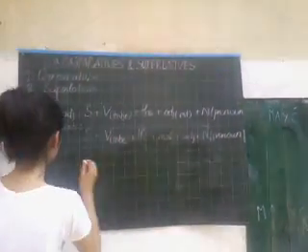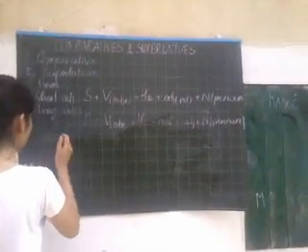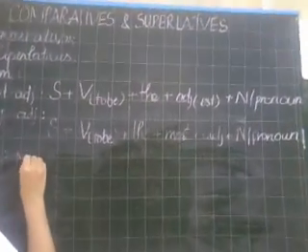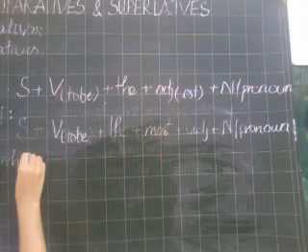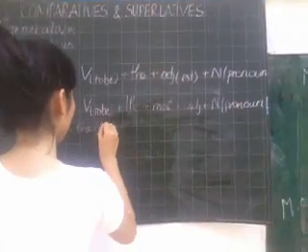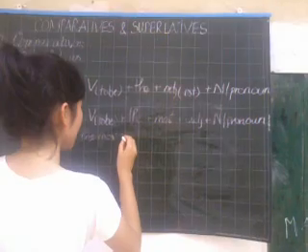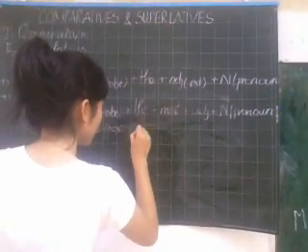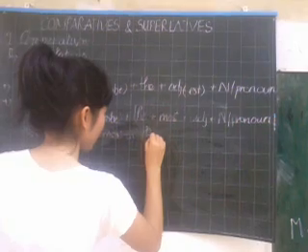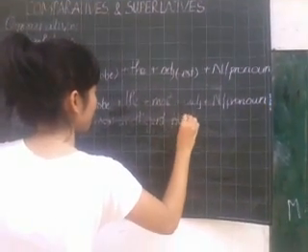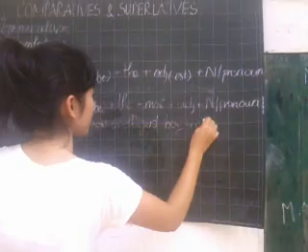For example, Ming is the most intelligent boy in his class.